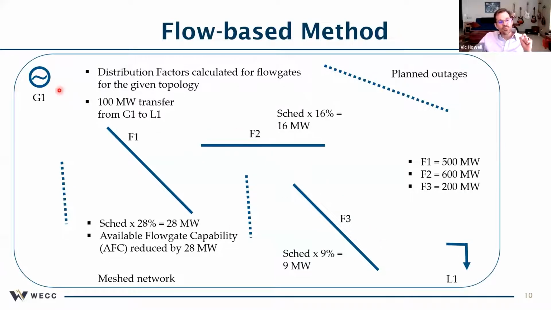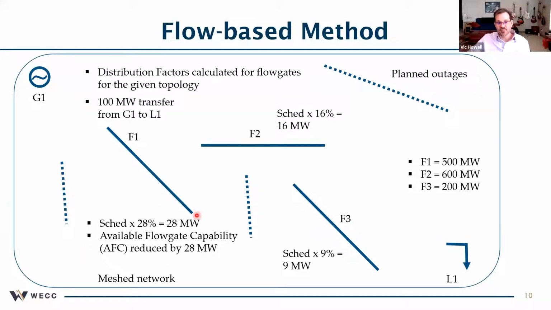And so as far as the available transfer capability goes, the question that's being asked is, okay, if I move power from G1 to L1, are any of these flow gates maxed out that would prevent me from moving that power?